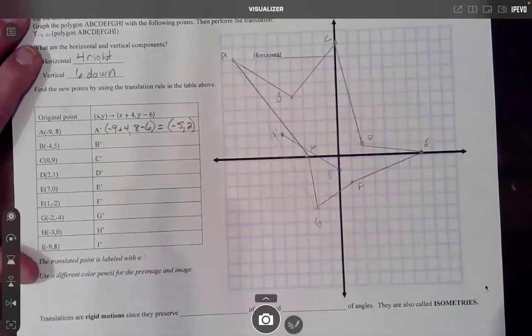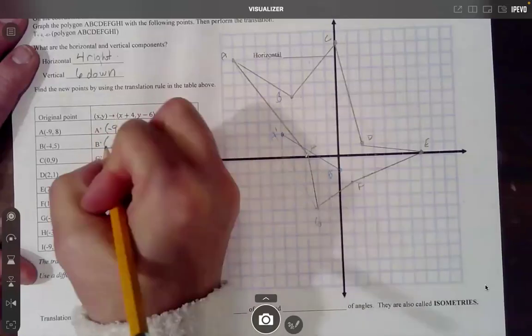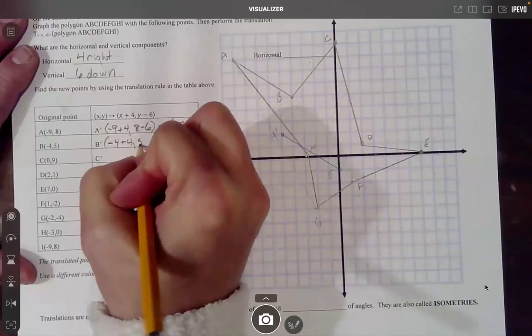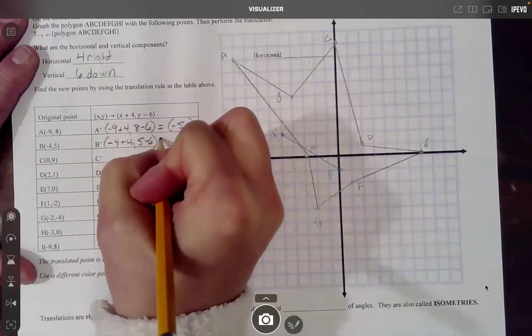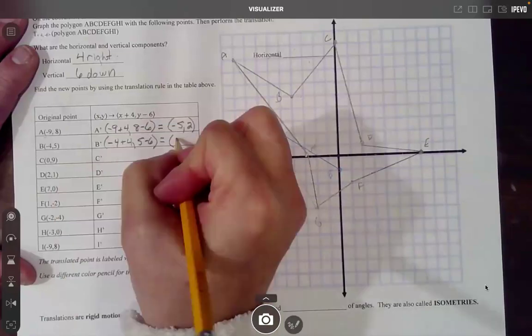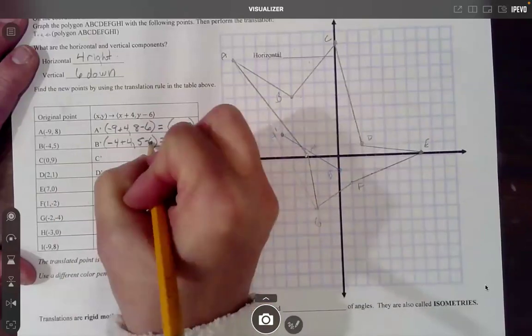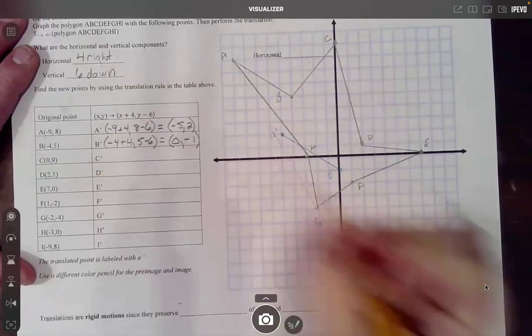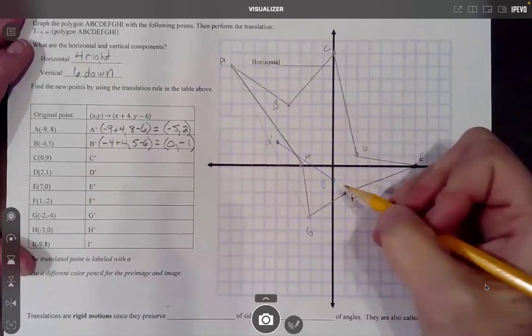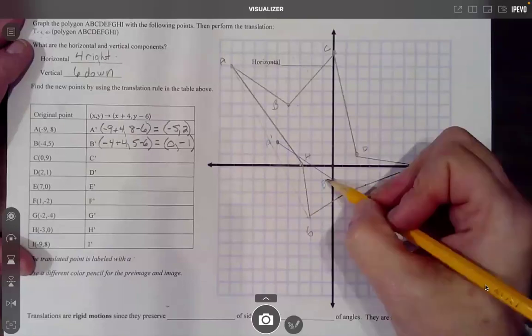And we can do that with every point. So B, I add 4 to the x coordinate. I subtract 6 from the y coordinate. -4 plus 4 is 0. 5 minus 6 is -1. You can use the calculators if you need to. 0, -1 is my B coordinate, my B prime.